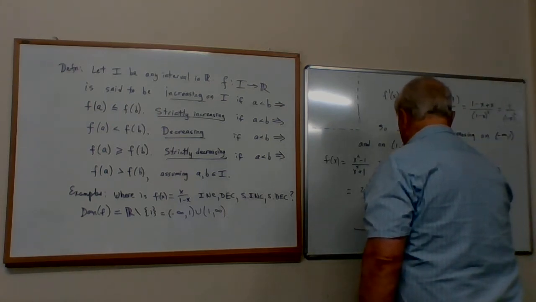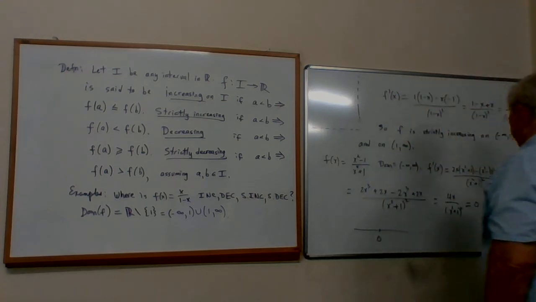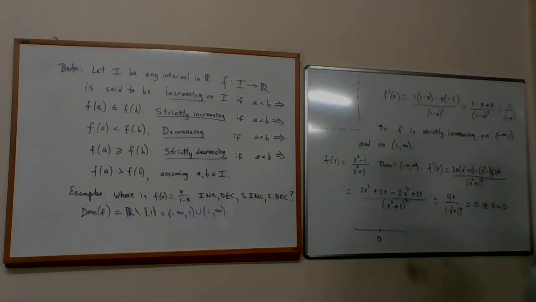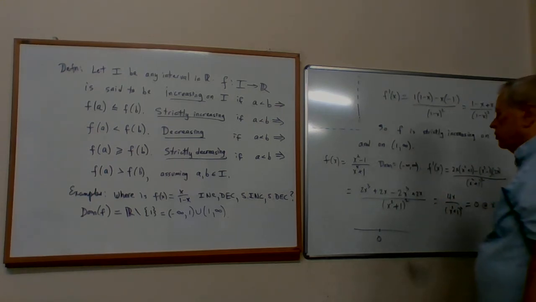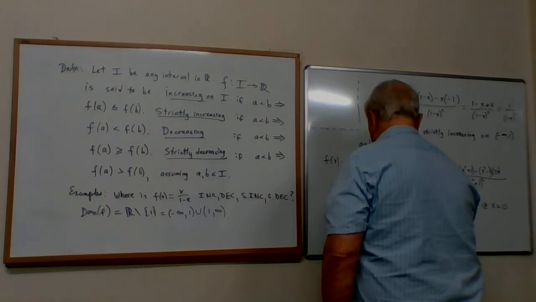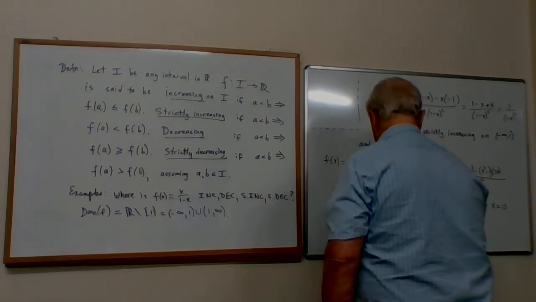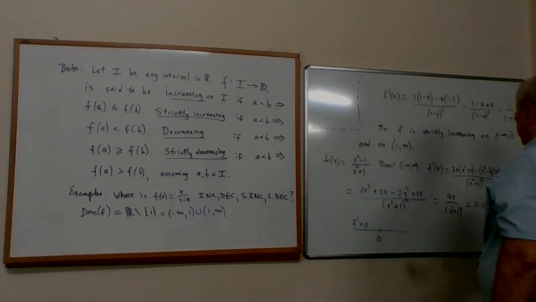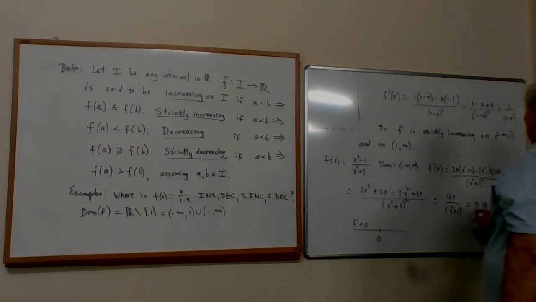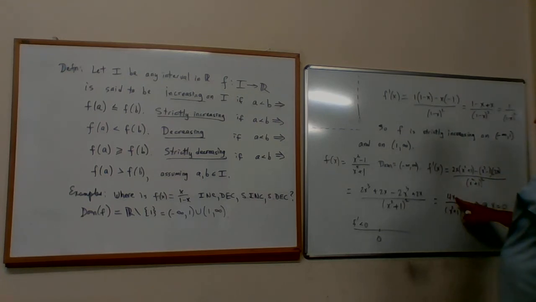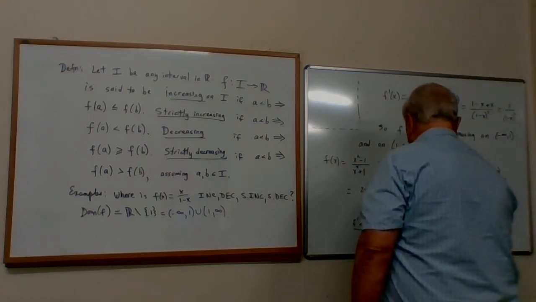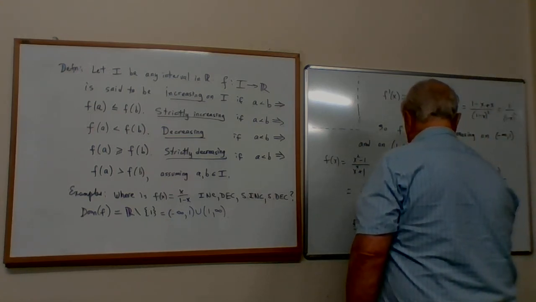What happens to the left of 0 and to the right of 0? To the left of 0, the top is negative, the bottom is positive, so f prime is negative. So to the right of 0, x is positive, 4x is positive, positive over positive is positive, so f prime is greater than 0.